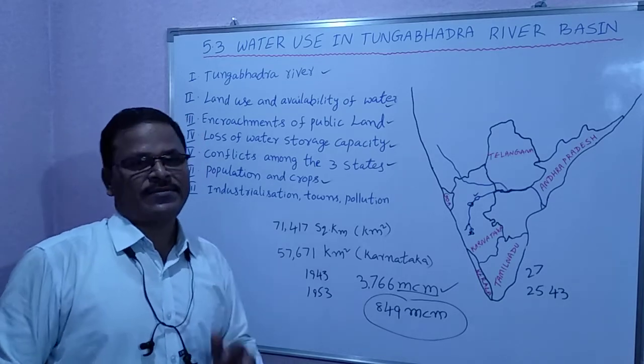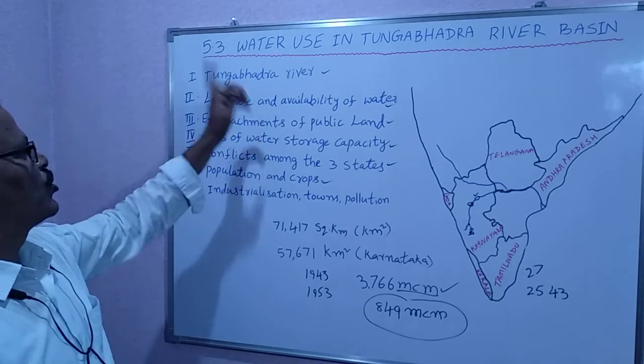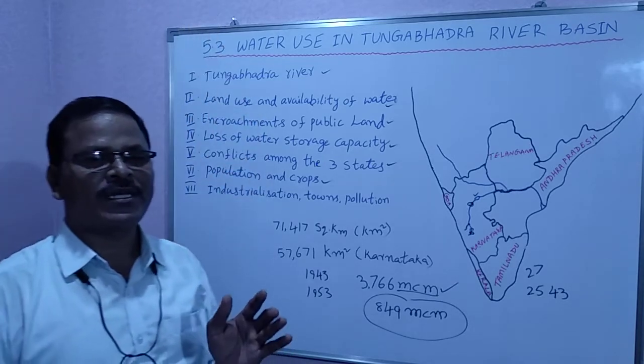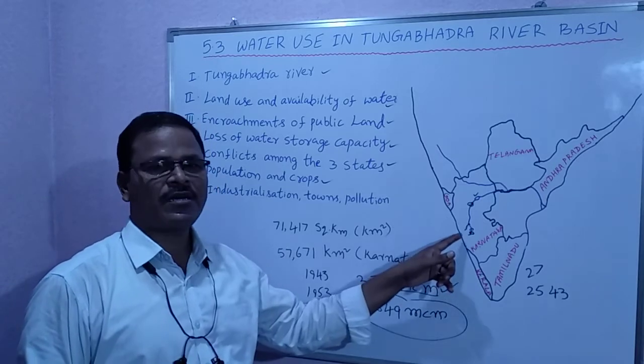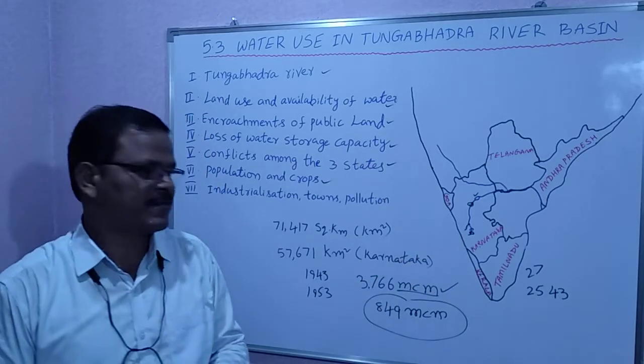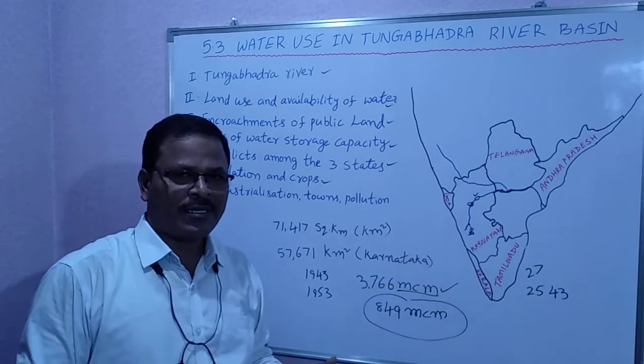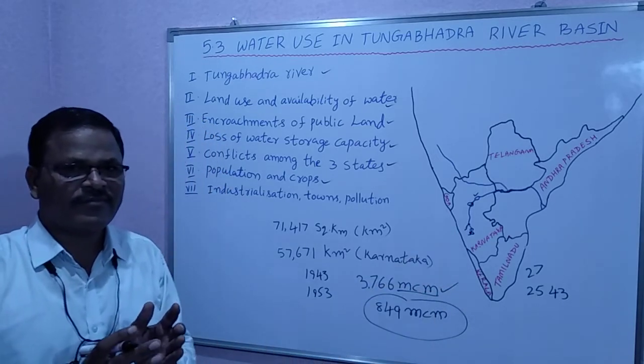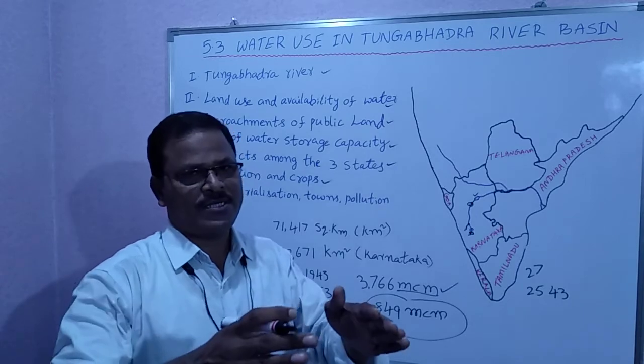Tungabhadra river. Tungabhadra originates in the Western Ghats in Varaha Hills near Molaganga in Chikmagaluru district. Tunga and Bhadra meet at a confluence near Kodli.